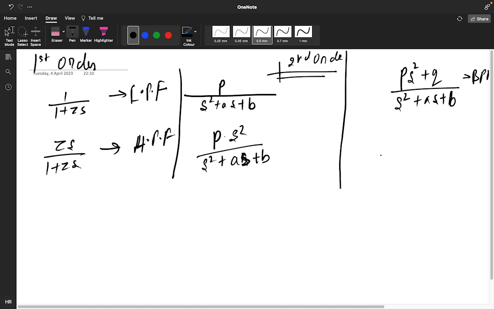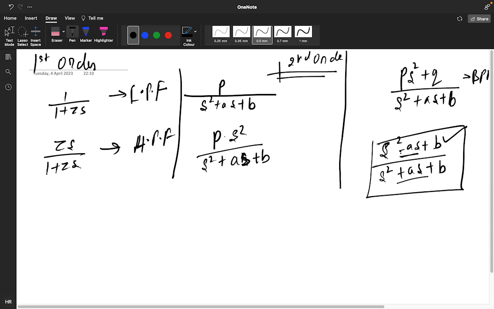And if you want to write an all pass filter, you will get an equation like this: s square minus as plus b divided by s square plus as plus b. So the numerator and denominator are the same, but the middle sign is changed. This kind of transfer function is known as an all pass transfer function, all pass filter.